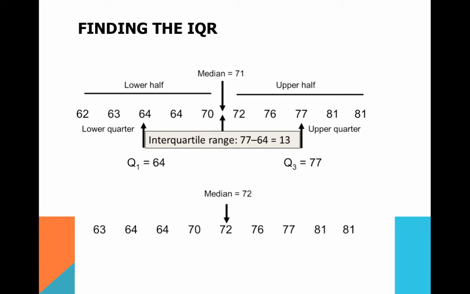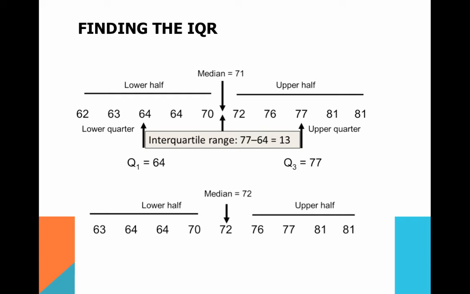Well, one tricky thing when we have an odd number of scores is that when determining our lower and upper halves, we do not include the median in those numbers. So notice our lower half consists of 63, 64, 64, and 70. Only these 4 numbers.